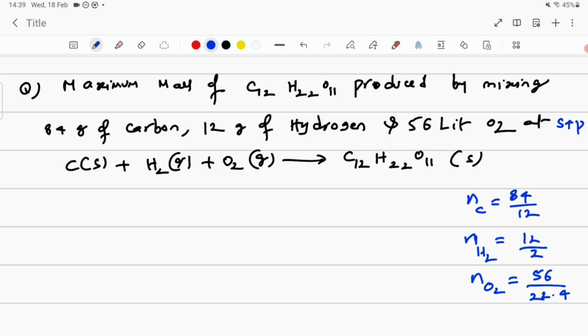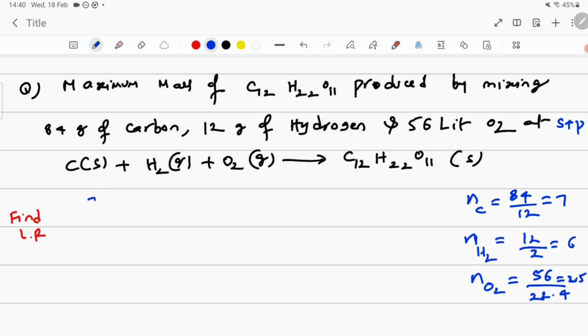In the first case you get 7 moles, in the second case 6 moles, and in the third case 2.5 moles. Now we need to find the maximum mass of C12H22O11. For that, first find LR.